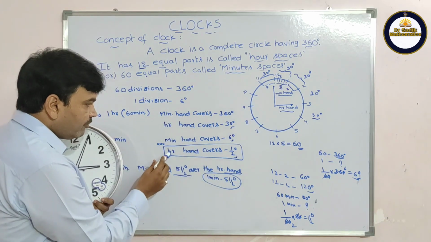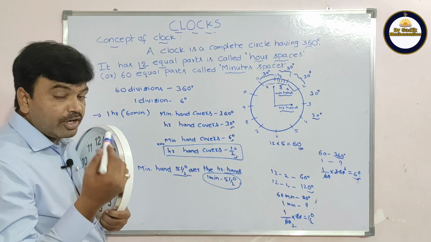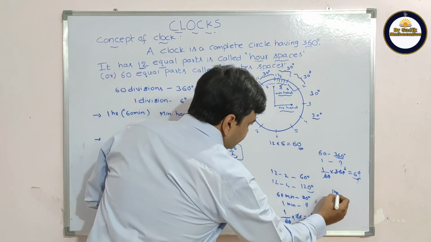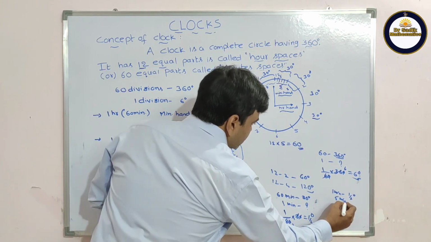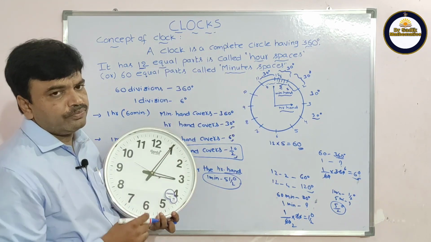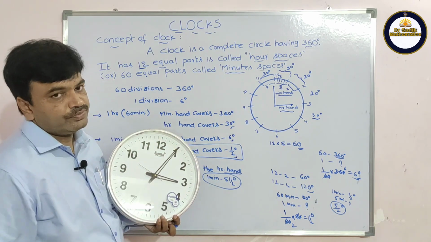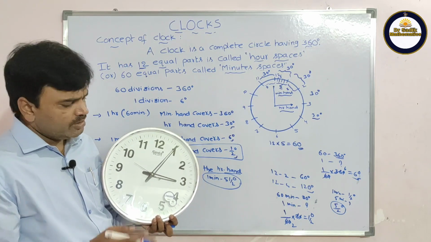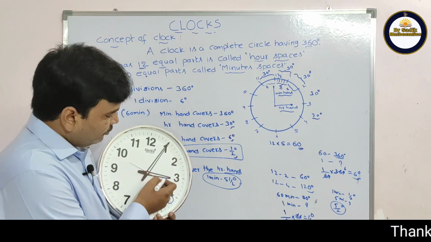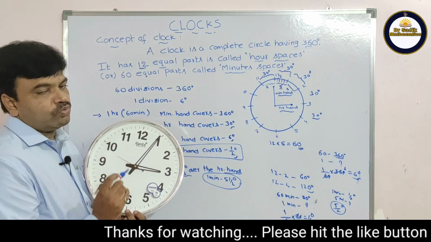See here, the hour hand covers half degree in 1 minute. That means in 5 minutes, we get 5 by 2 degrees. Now I want to find the angle, friends. For that I am adding this 5 by 2 degrees, then I get the angle between these two hands.